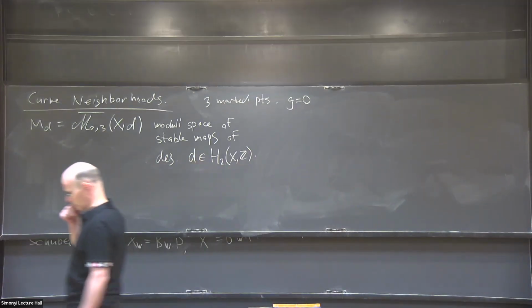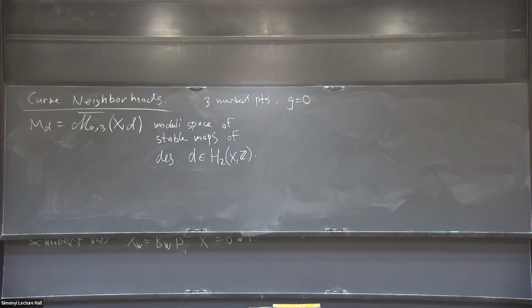From this moduli space, and with two opposite Schubert varieties, we can define what we call a Gromov-Witten variety.